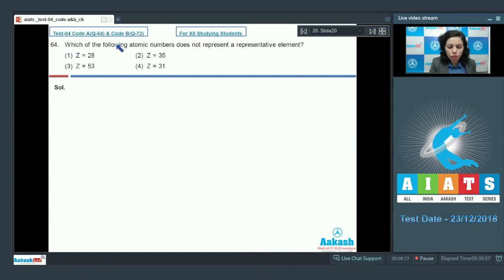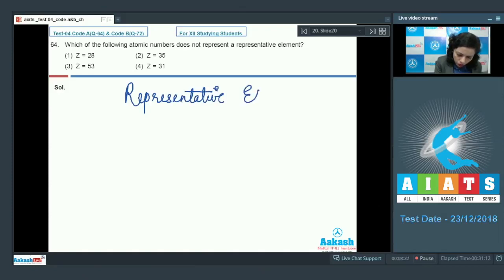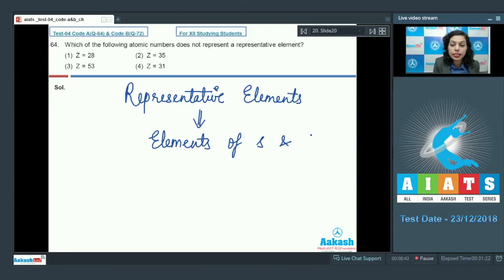Question number 64. Which of the following atomic numbers does not represent a representative element? What are representative elements? These are the elements of S and P block.